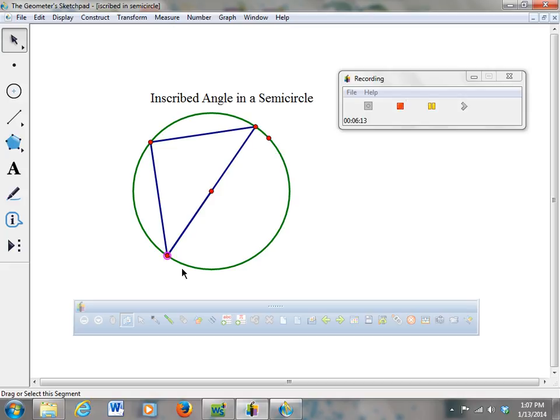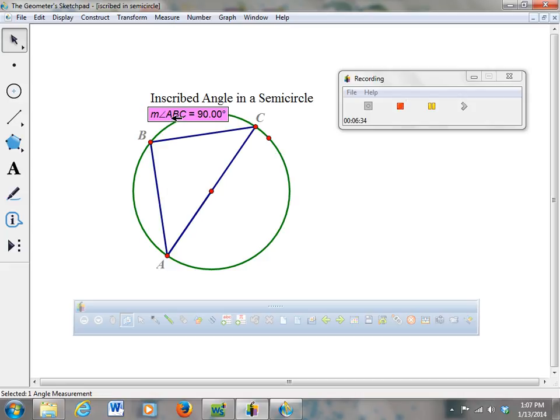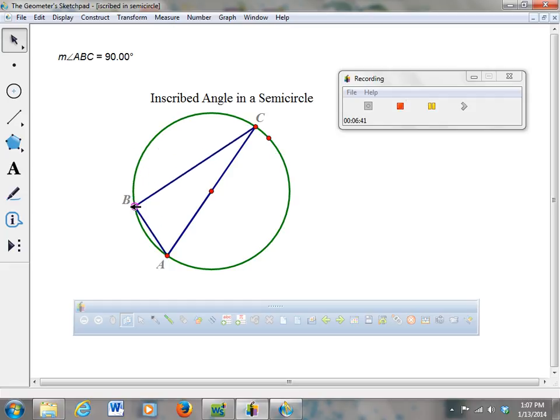If the intercepted arc, which is here, is 180, that angle, no matter where I drag it, is always going to be 90. Watch. Measure angle. This angle ABC is always 90. It's kind of cool because I could drag this point and change the shape of the triangle, but this angle is always going to be 90 degrees, because it's got to be half of 180.